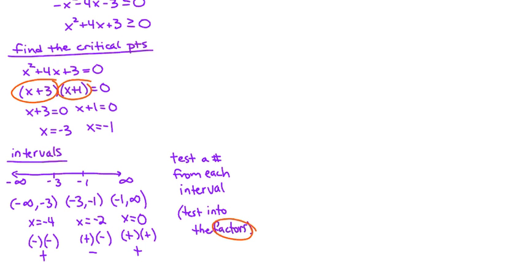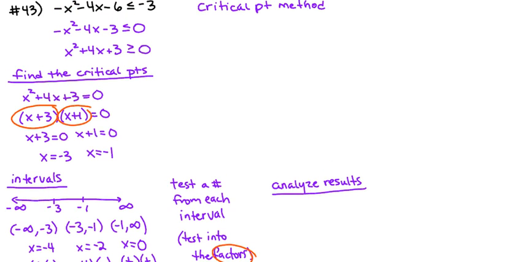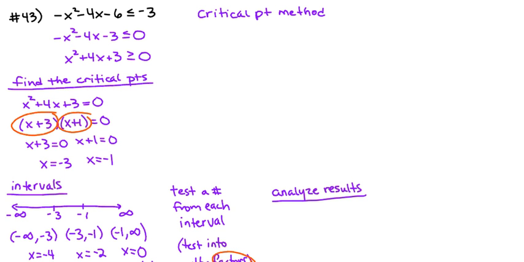After that, what we need to do is analyze the results, draw a conclusion, answer the question. So we need to go back and see what we were being asked. Looking back up here, we were trying to figure out what makes this expression less than or equal to 0. Oh, but we changed it.